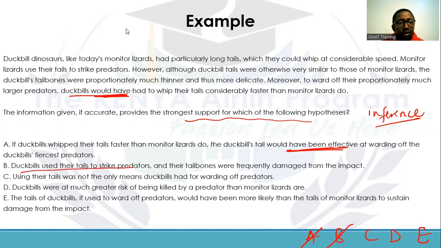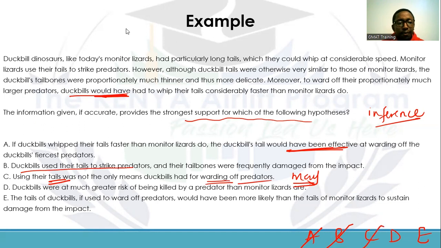So B is out. C, using their tails was not the only means duckbills had for warding off predators. So this may be true, but we do not know that for sure. Also, this insinuates that they used their tails to ward off predators, which again, we are not sure of.